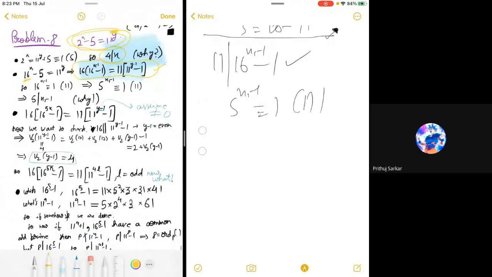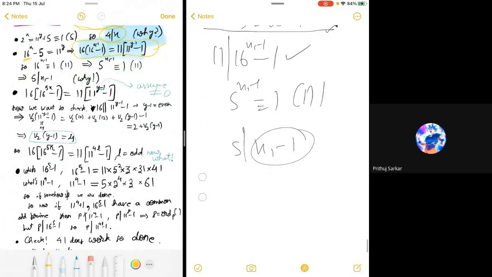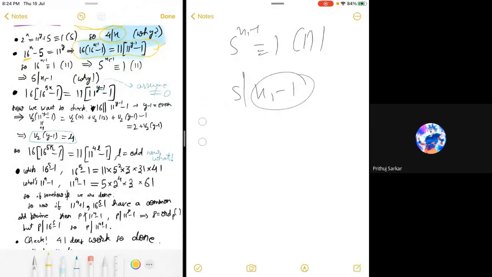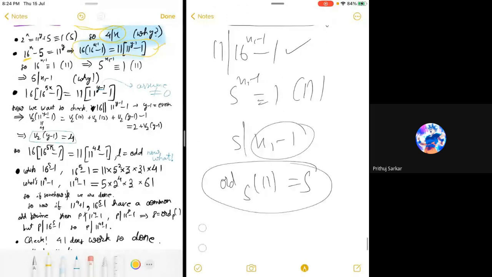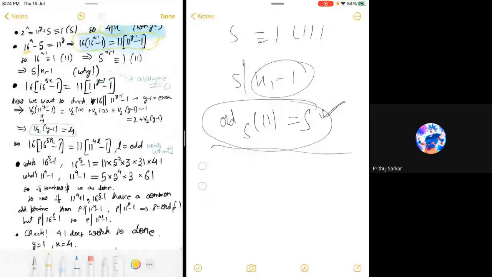Then again, why does 5 divide x1 minus 1? Again, we prove that the order of 5 modulo 11 is actually equal to 5. Then we will get that 5 divides x1 minus 1, just from the same argument. So now we can write x1 minus 1 as 5k.